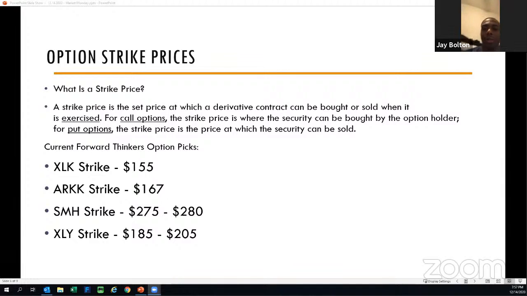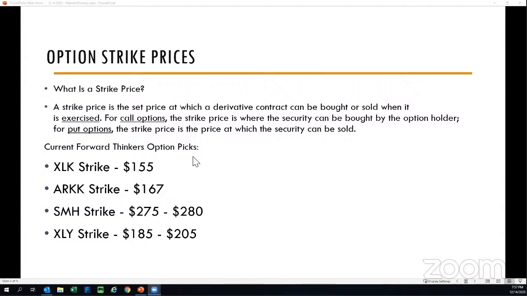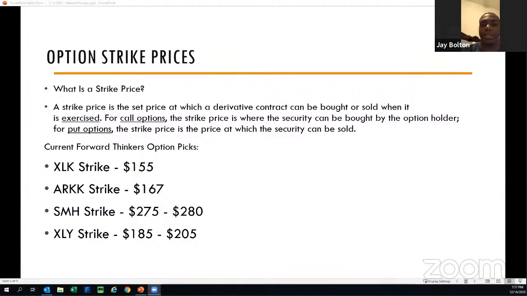But I was going to show you one last thing, so you can know how much you're paying for an option. You can look at the options history.